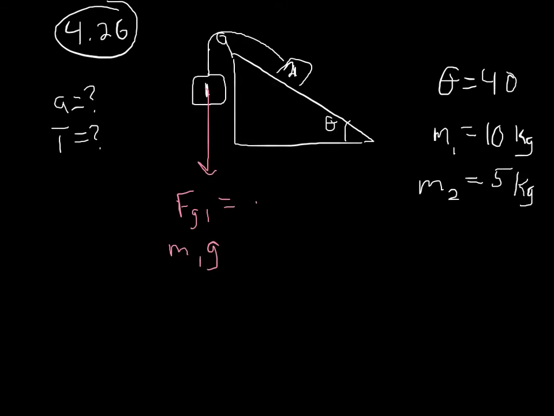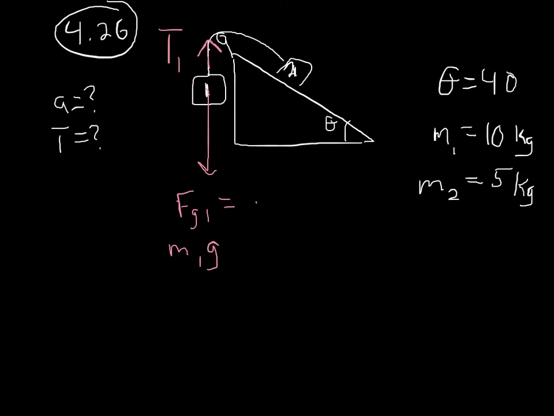Any other forces? Normal force? Is it sitting on anything? Nope, so no normal force. Tension? It's a string, so tension is acting in this rope, acting up. Tension on the first box. Anything else? No? Okay.